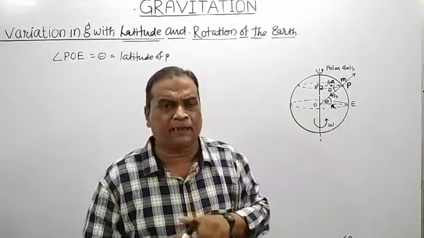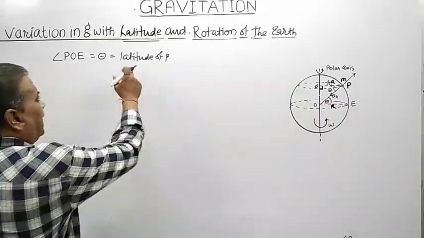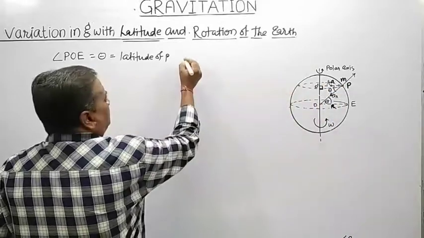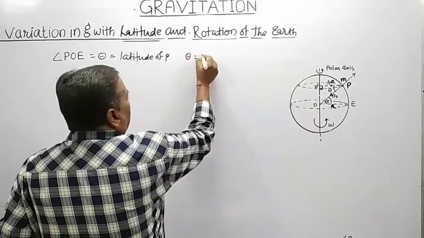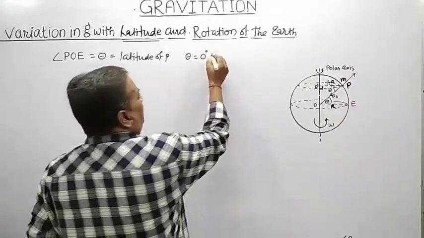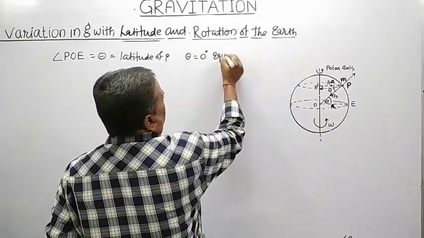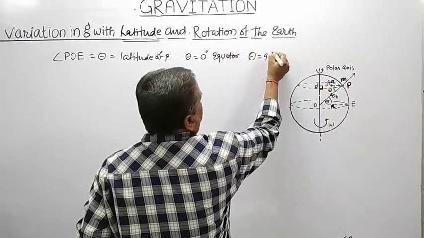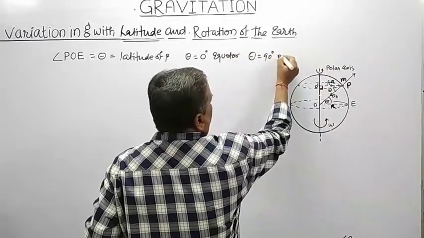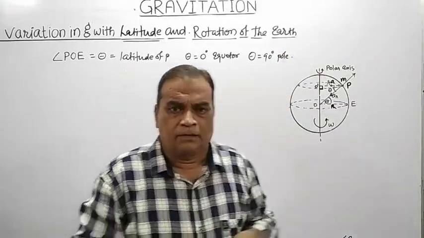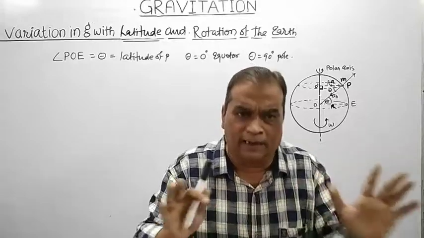It is 90. So the latitude of any particle on the surface of Earth changes within the range of theta equal to 0 on the equator to a maximum value of theta equal to 90 degrees on what? On the pole. So is it clear? What is latitude?